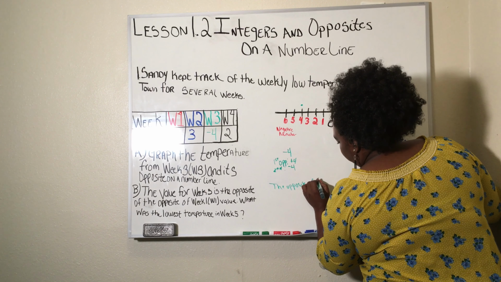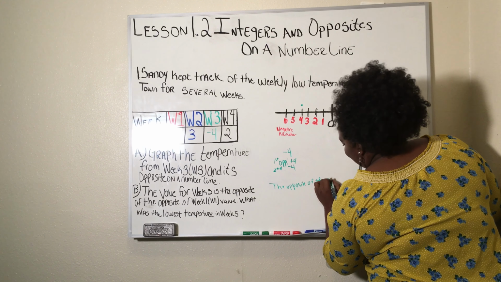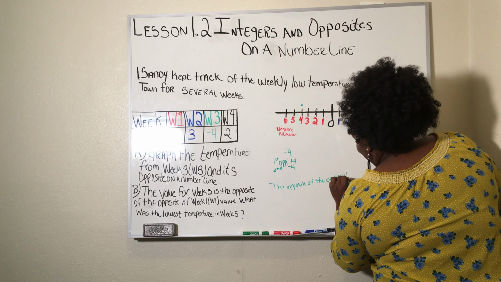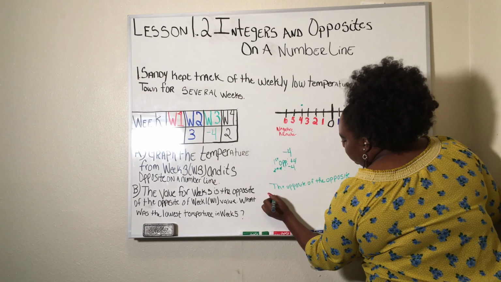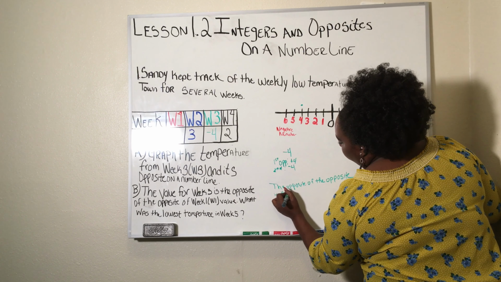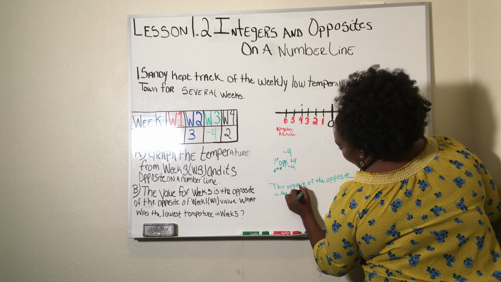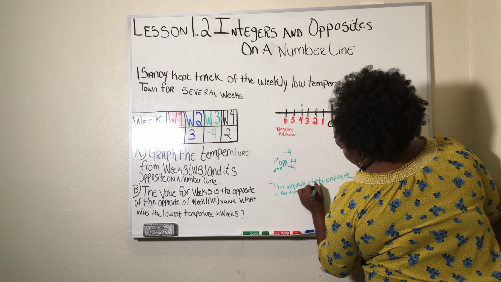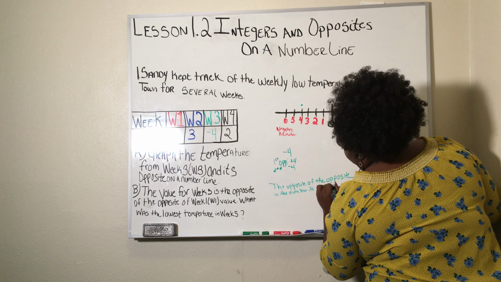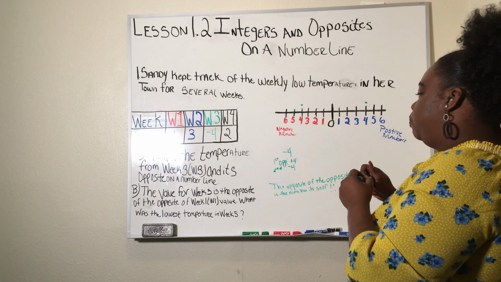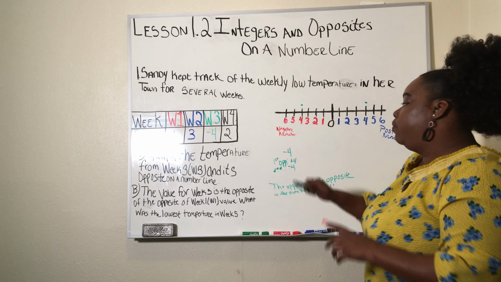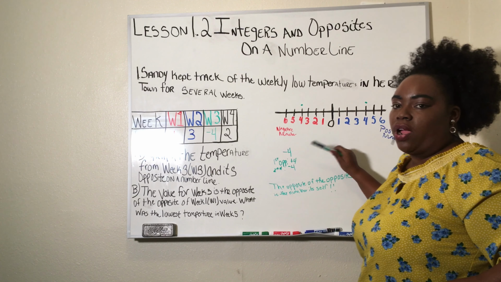It's tongue twisting, but I got it here. The opposite of the opposite is the number itself. So, the opposite of the opposite of -4 is -4.